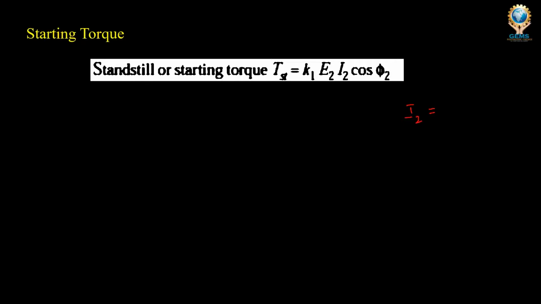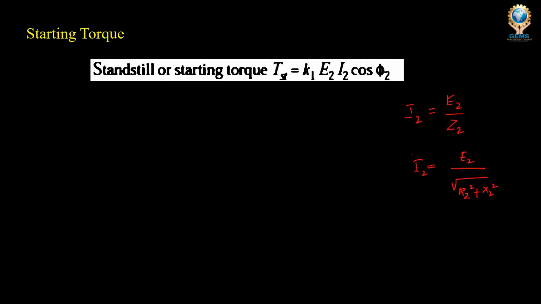I2 value is equal to E2 divided by Z2. Z2 we know is root of R2 square plus X2 square. This I already taught you, that's why I am explaining it. This is the running condition. So this is I2.